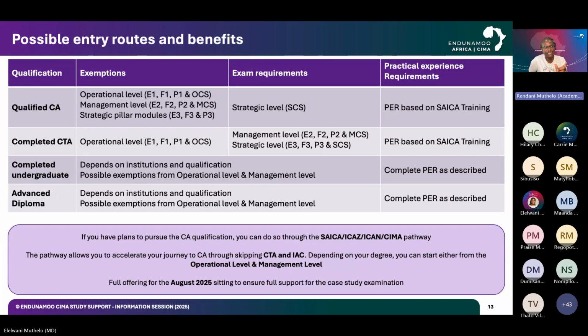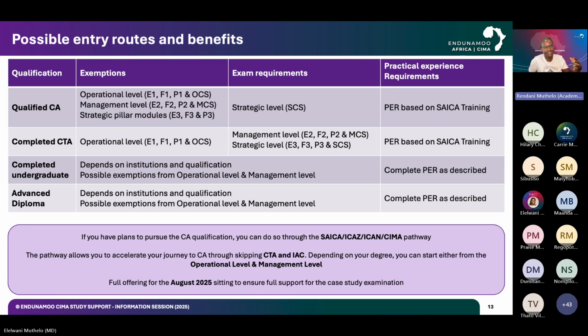And what we want to say is, when the case study starts, we give them access to the pillar modules content. As much as they are not required to write it, in some instances, having that kind of background will be quite beneficial rather than just making it an exam.